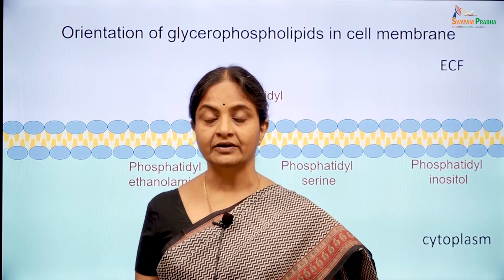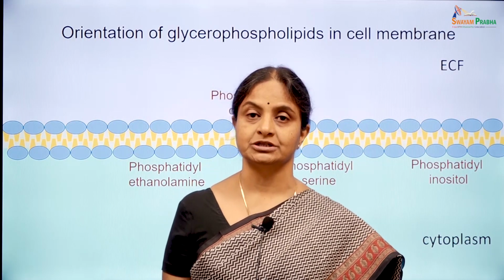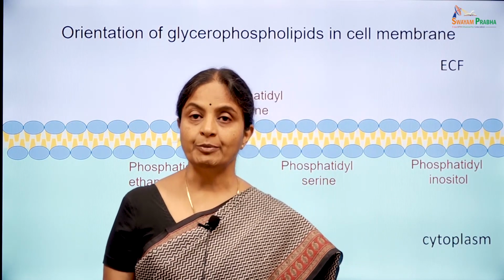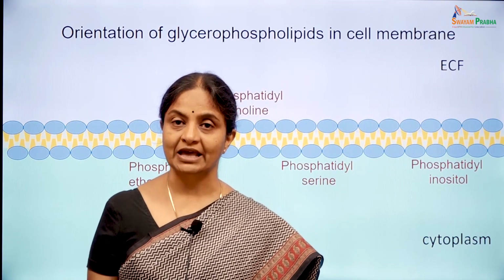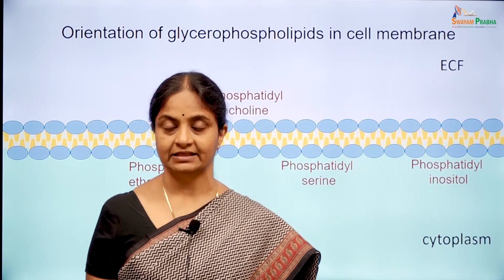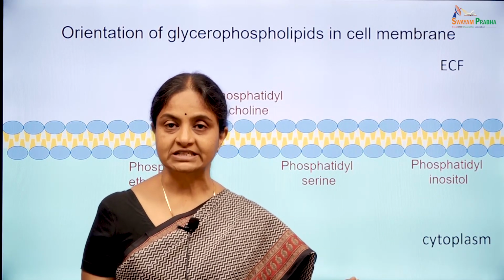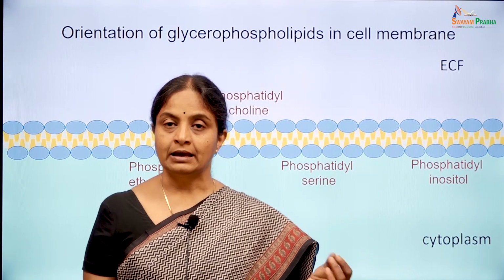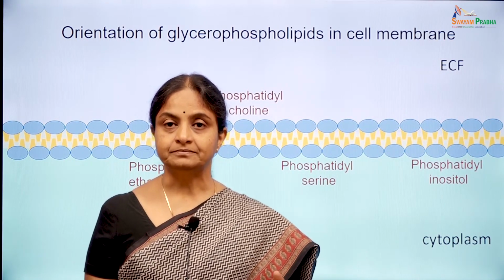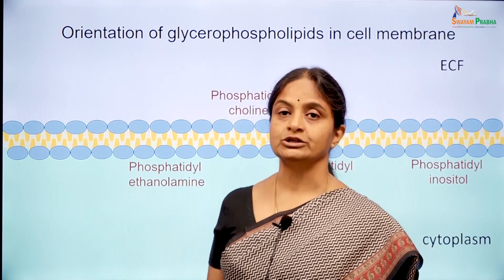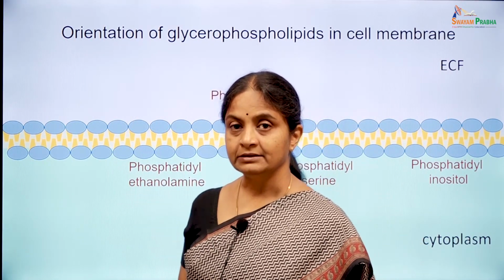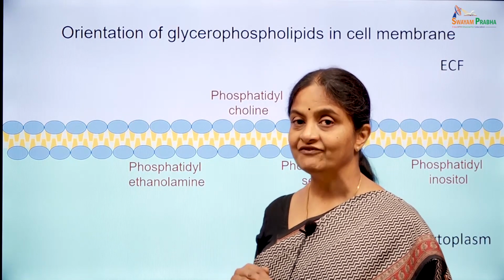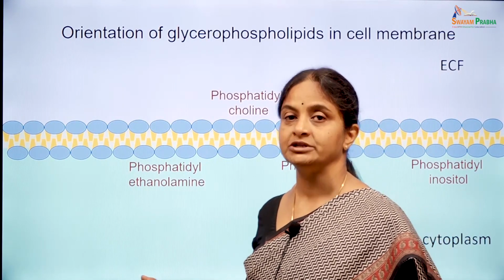Scramblases are activated when a cell undergoes apoptosis. Apoptosis is the mechanism of programmed cell death. That is, every normal cell is programmed to die after a while. And when this happens, scramblases are also activated, and phospholipids, which are normally found on the inner leaflet, move to the outer leaflet.